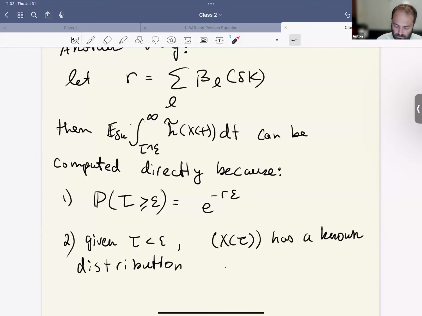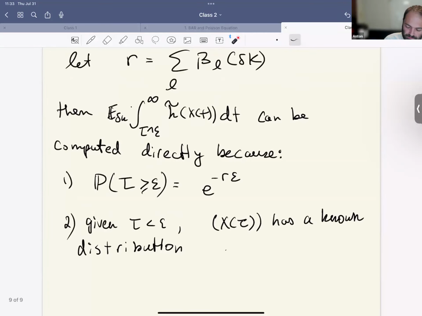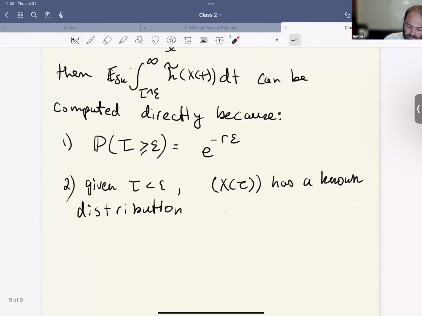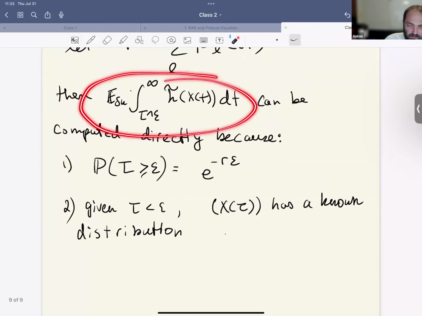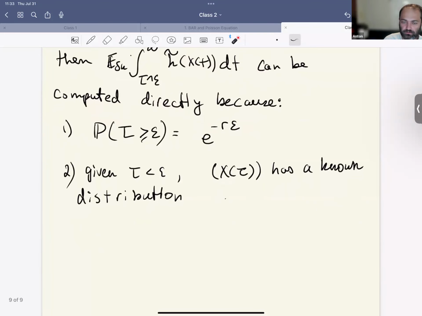Given the jump happens before time epsilon, where do we jump to, or the location of our first jump? This has a simple distribution based on the transition rates. So in other words, we can compute this directly. And then rearranging things, you'll again recover the Poisson equation. You can treat this as a homework exercise if you wish to solidify your understanding.